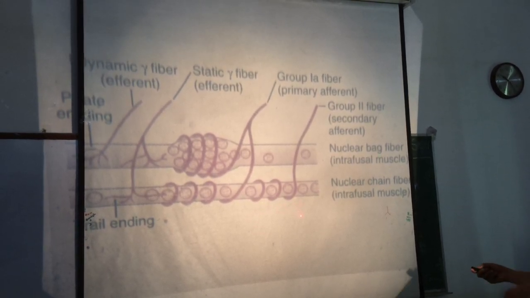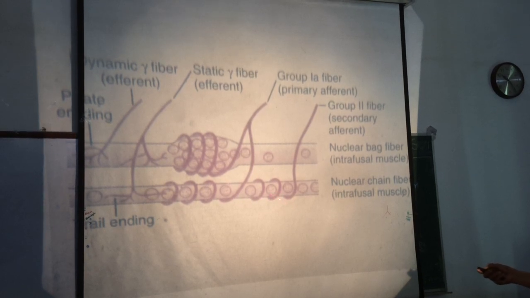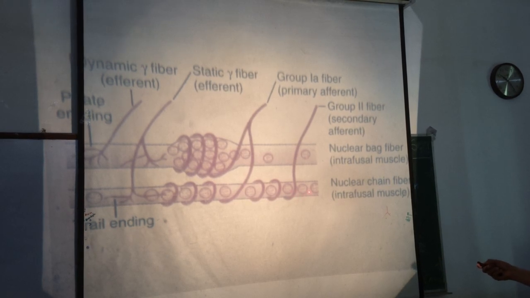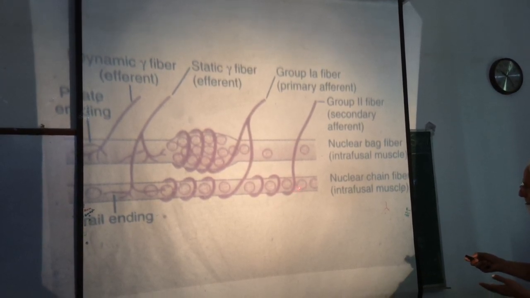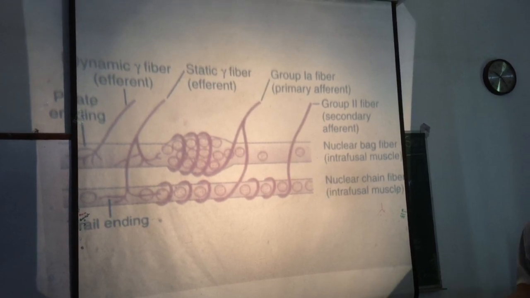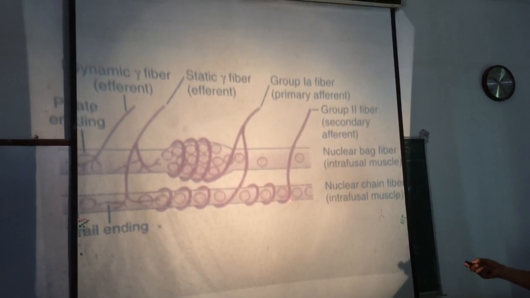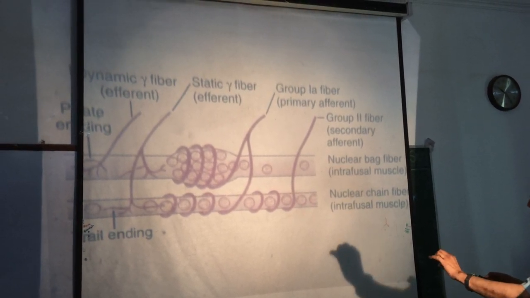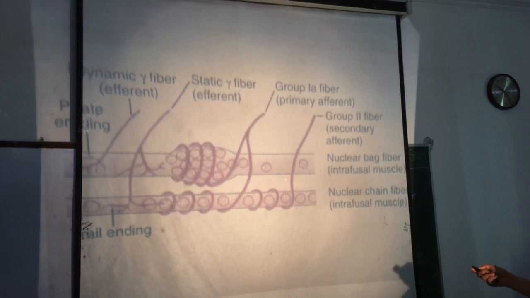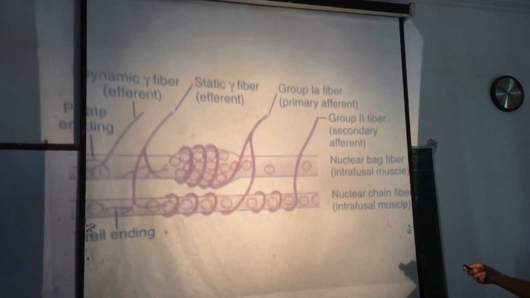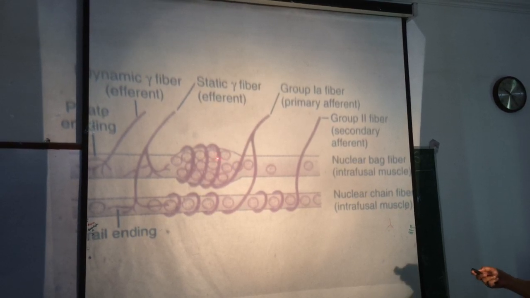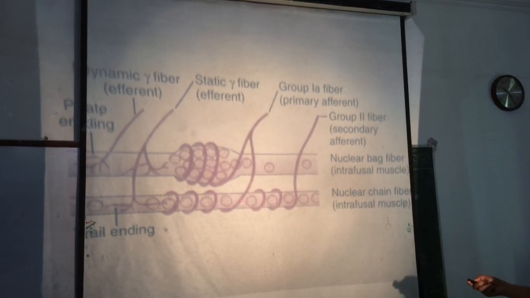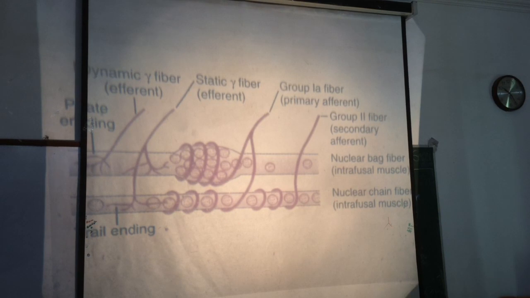In nuclear chain fibers, nuclei are present in the form of a chain throughout the length of the intrafusal fiber. So in nuclear bag fibers, nuclei are in the central dilated portion, and in nuclear chain fibers, nuclei are in a chain throughout the length.